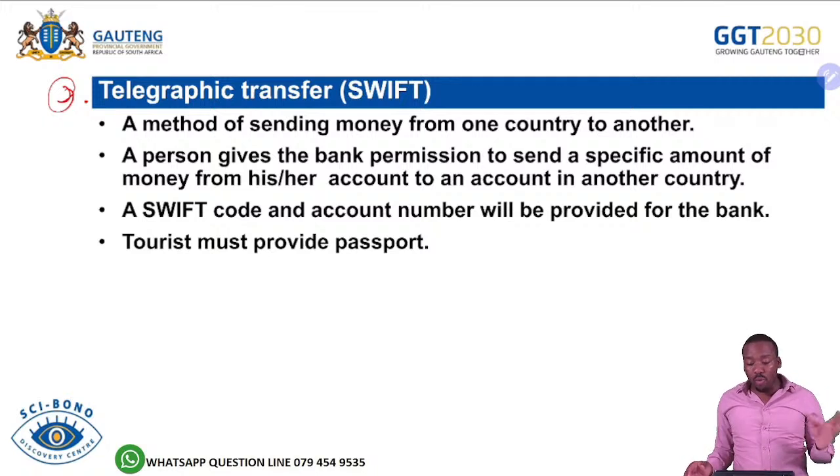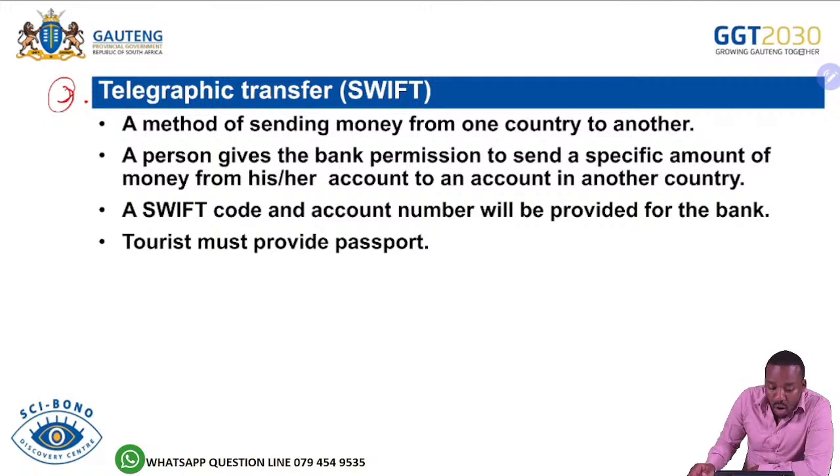So we are now moving from using couriers. It is a method of sending money from one account to the other, so we are avoiding aeroplanes and couriers and so on. A telegraphic transfer is a method of sending money from one country to another country.